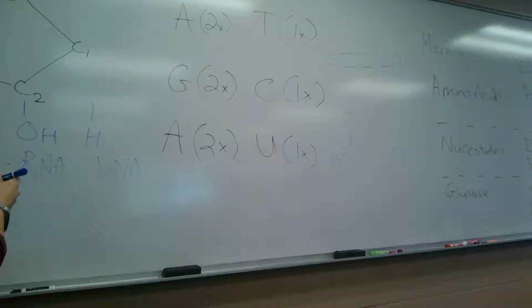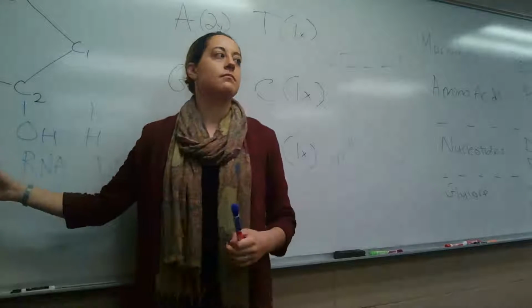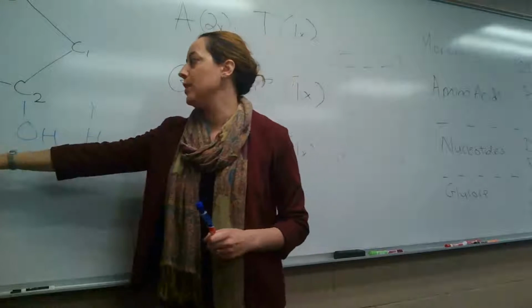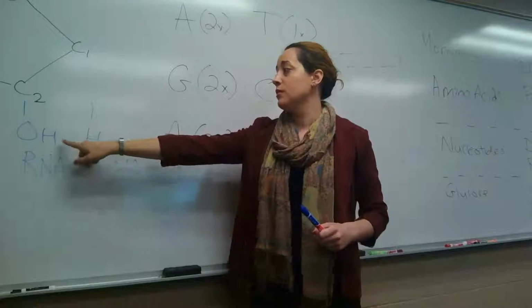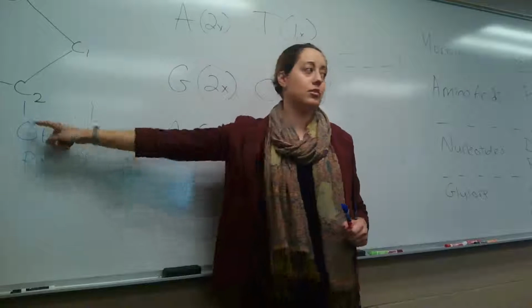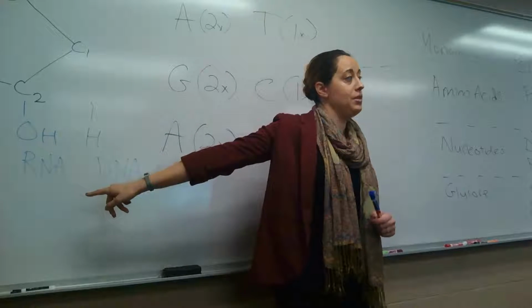And then off of the 3' carbon, there is a hydroxyl group on both DNA and on RNA. Oftentimes people get tripped up because we said that on the carbon right next to this, there's only a hydroxyl on RNA molecules.